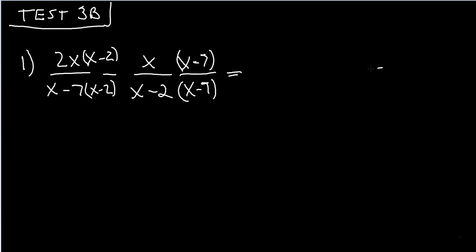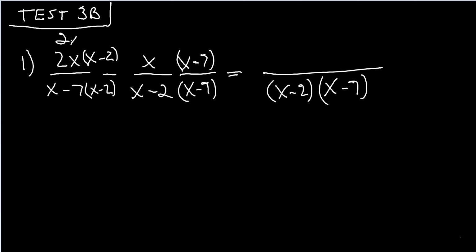And I can extend this out to be x minus 2 times x minus 7. And then the top I'll simplify. The first one here, I've got 2x squared minus 2x.